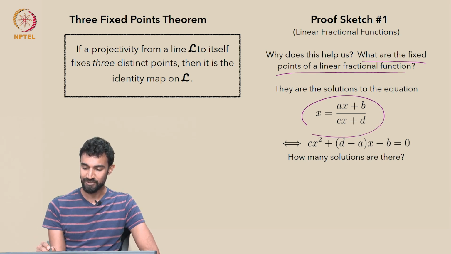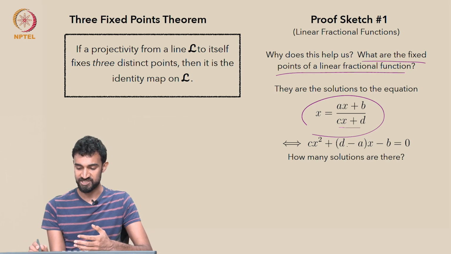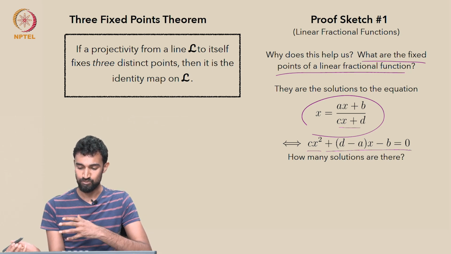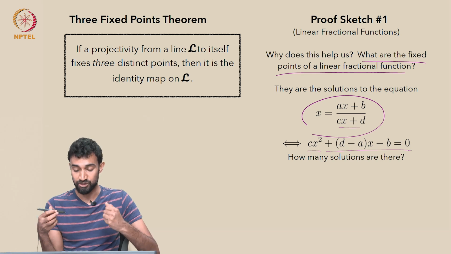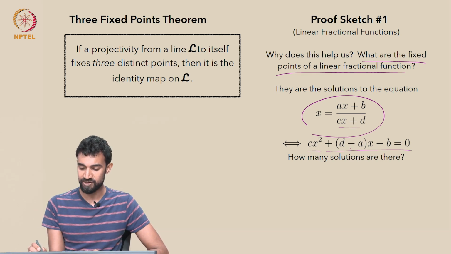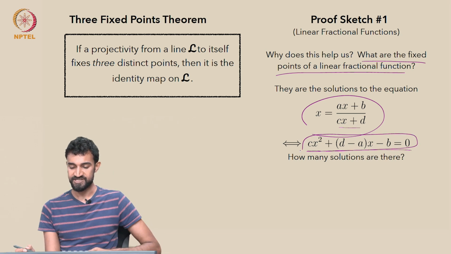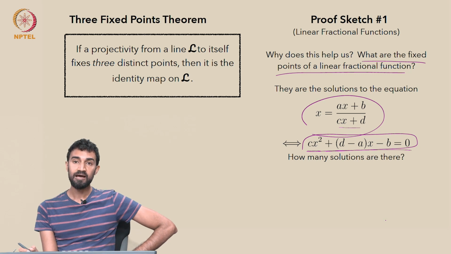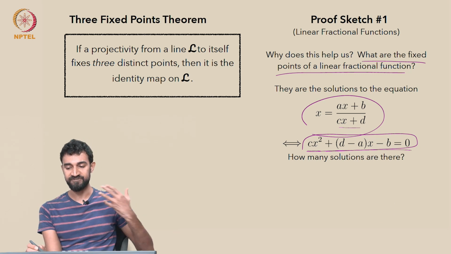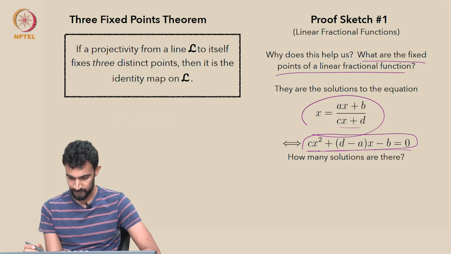And we can easily rewrite that. We multiply both sides by cx plus d and combine like terms. And that gives us cx squared plus (d minus a)x minus b equals 0. This nice quadratic equation, how many solutions does it have? The solutions to this are precisely the fixed points of the linear fractional function.